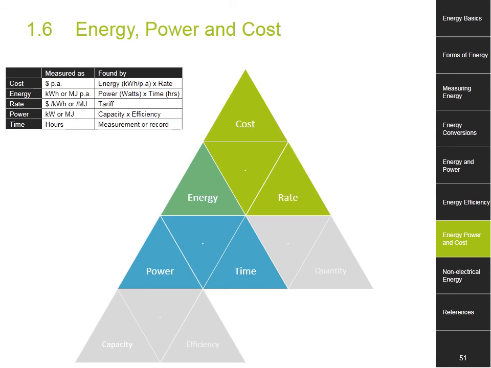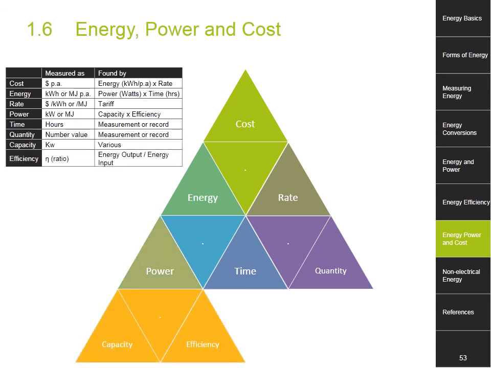As discussed, electric energy is generally expressed as kilowatt hours, determined by the power in watts multiplied by the time in hours. The rate is determined by time in hours and quantity of kilowatt hours. And finally, power can be calculated as an expression of capacity and efficiency expressed as a percentage.